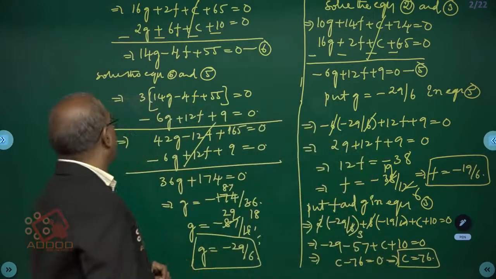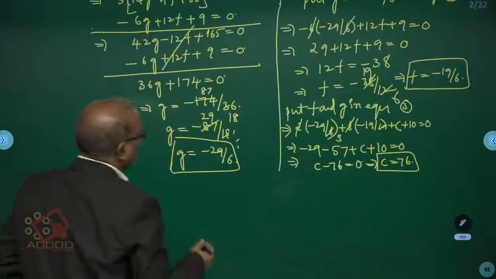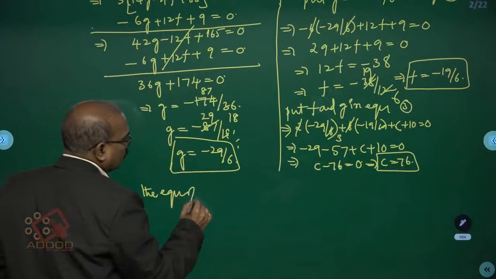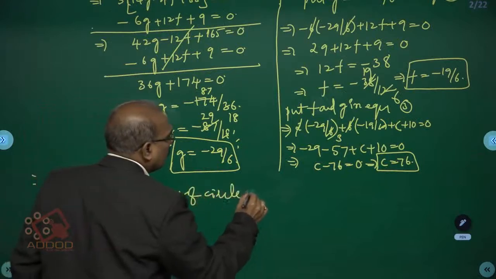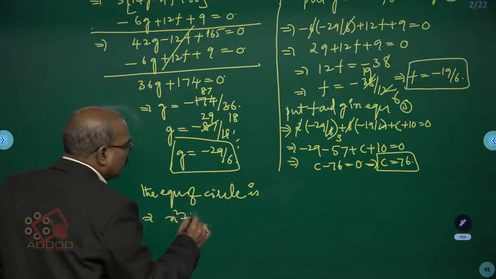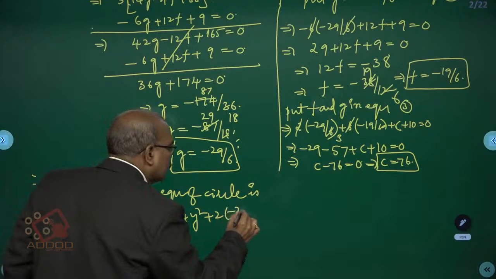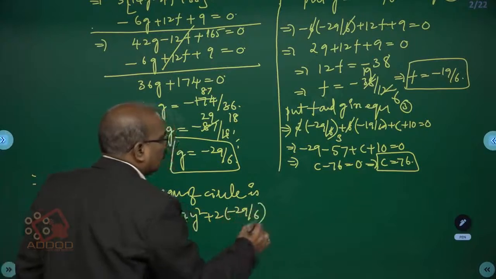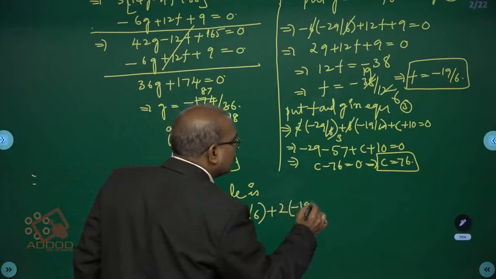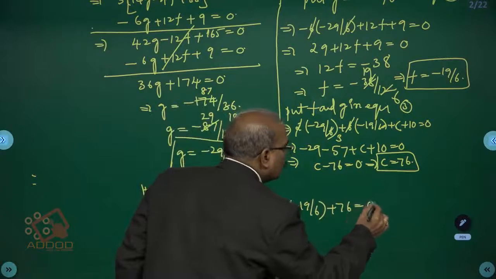So therefore the equation of the circle is x square plus y square plus 2 into g, minus 29 by 6, plus 2f, 2f means minus 19 by 6, plus c, 76, is equal to 0.